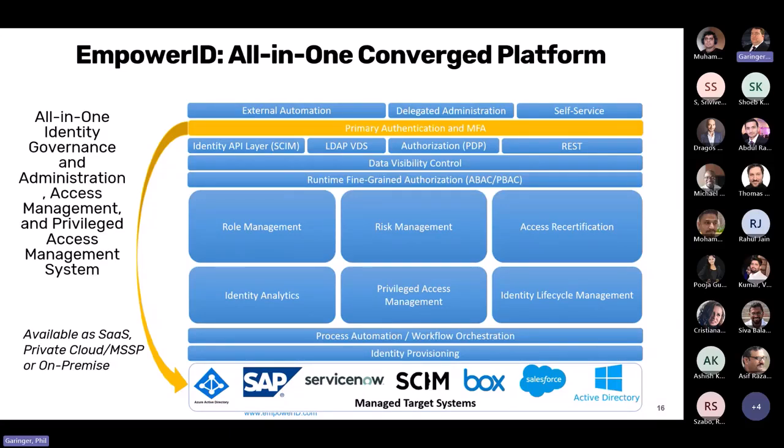It's a converged platform where we integrate the role management, the risk management, the identity lifecycle processes, the privileged access management, the analytics, the workflow processes, the policies, the provisioning. All of that is integrated together in one converged environment, one identity warehouse.